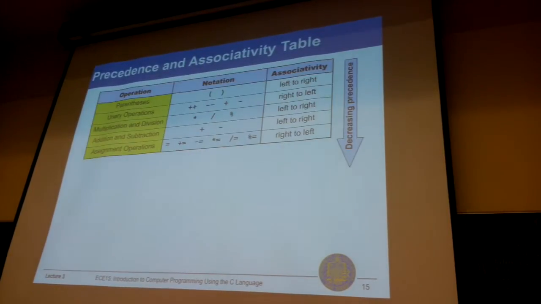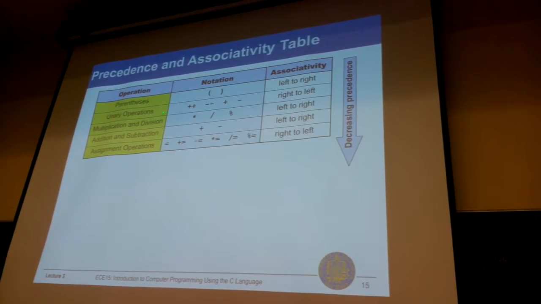So associated with all of this is precedence. We associate it with the table. You're probably all familiar with precedence from math classes you've taken in the past, and the precedence rules are very similar to what you've seen in math before. But since we've defined some operators that are new, we need to look at what precedence would be for all of these operators. Obviously parentheses get the highest precedence.